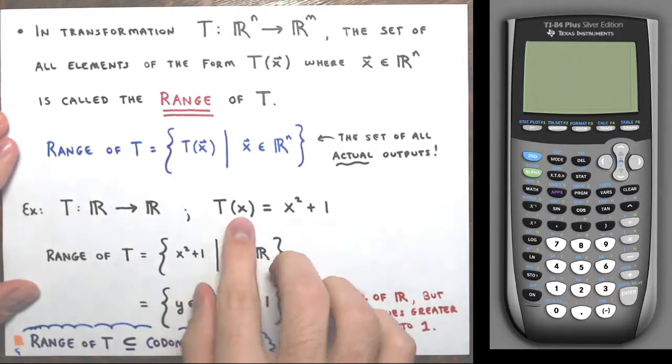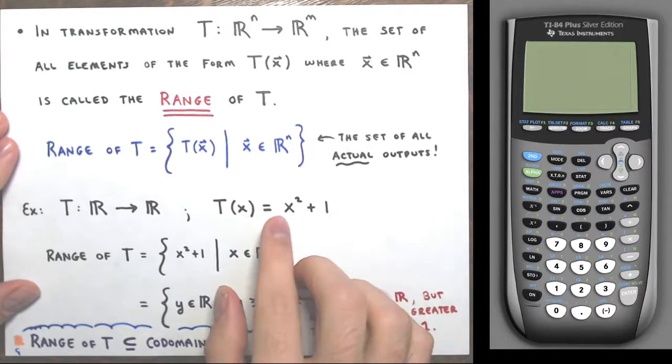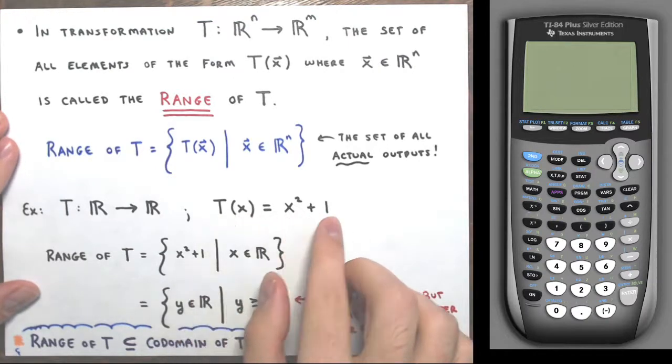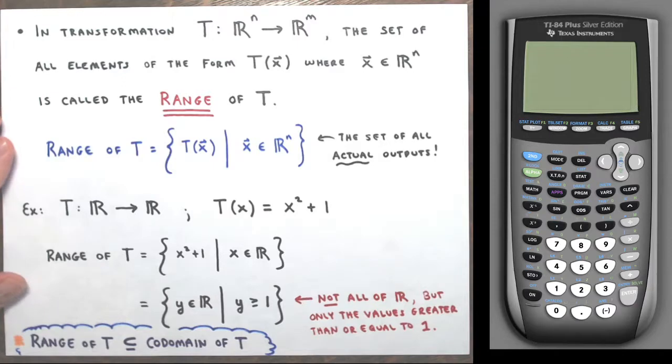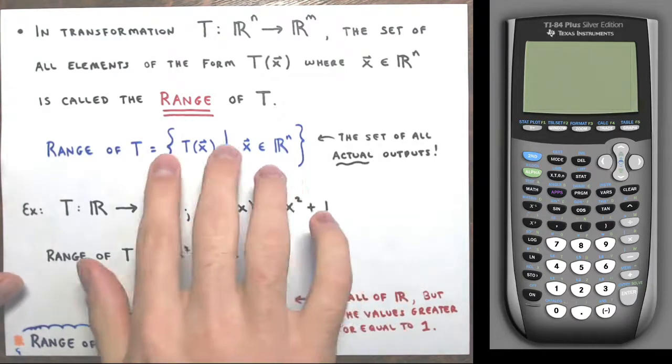It's something you're familiar with: y equals x squared plus 1, or in this case, T of x equals x squared plus 1. I could write the range of this the way I wrote it up here.